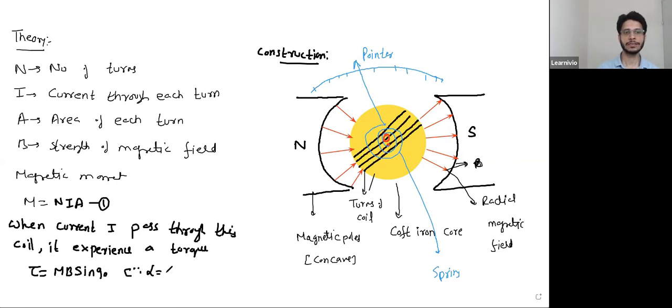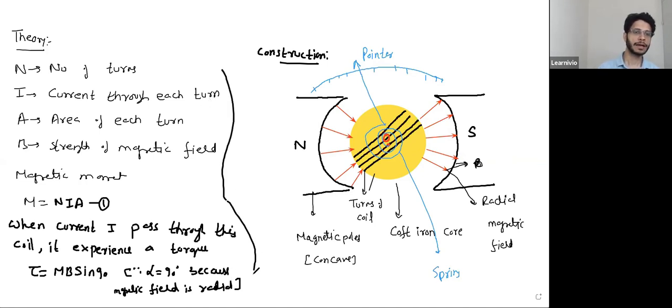Your angle alpha is 90 degrees because the field is radial. Which field? Magnetic field. So the magnetic field applies a torque MB on the coil.